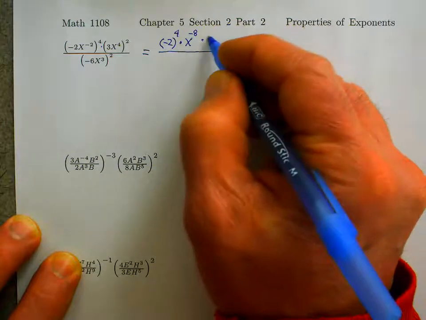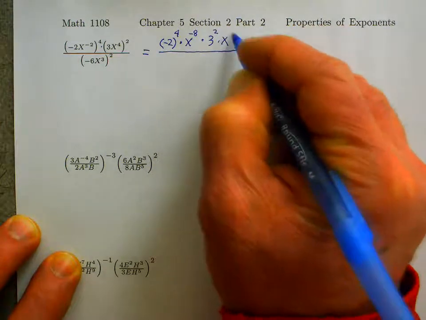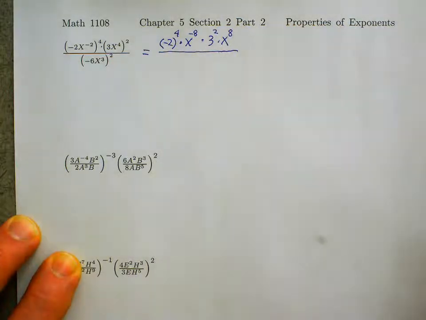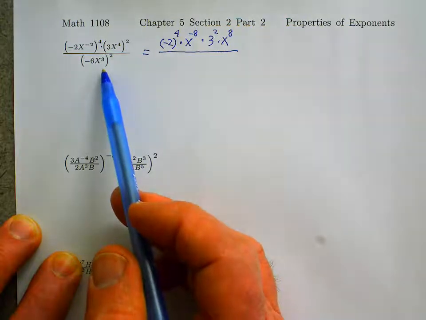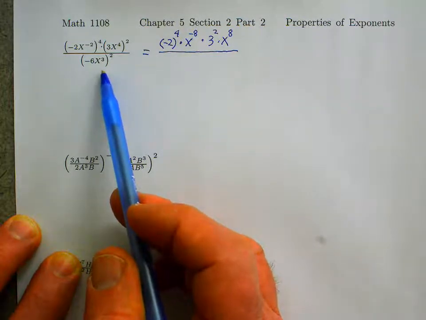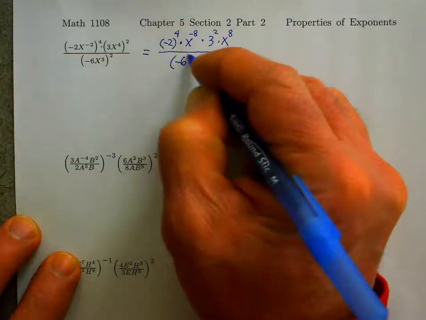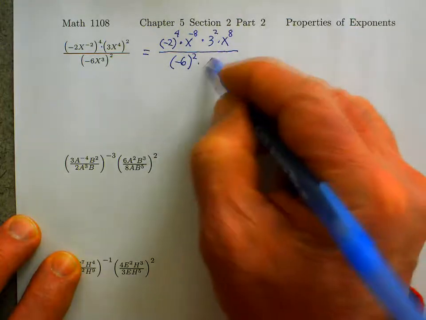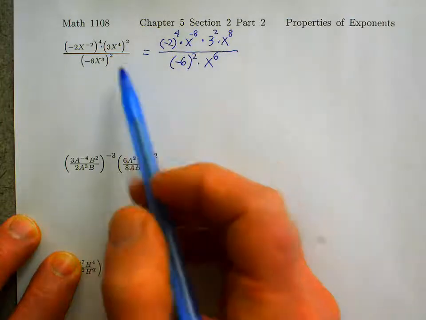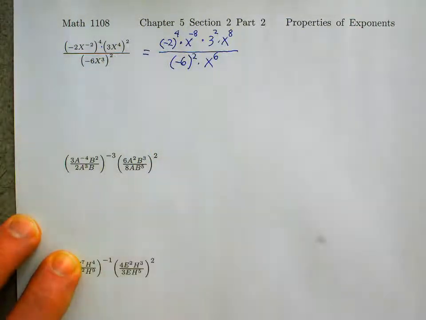So this is times 3 to the 2nd times x to the positive 8. And then same sort of thing in the denominator. Negative 6x to the 3rd to the 2nd, we have the number negative 6 to the positive 2 times x to the 6th, because the exponent 2 times the exponent 3 is 6.